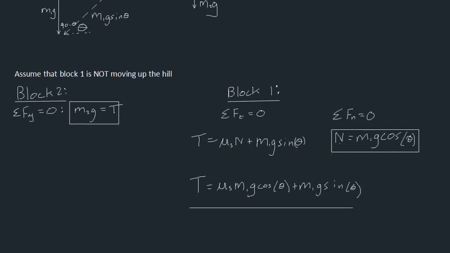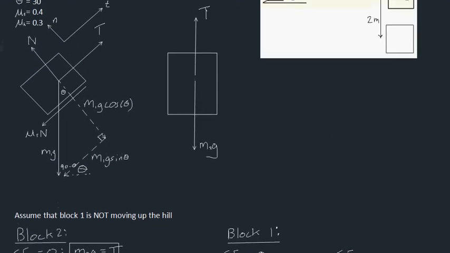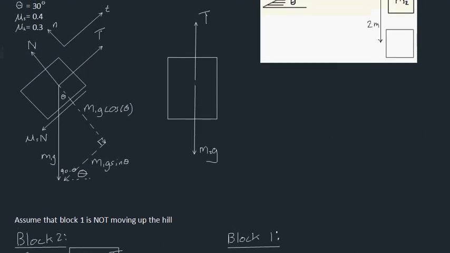But in fact, there are other values of T for which the block won't move up the hill. In fact, if our tension force were any less, and you can imagine this intuitively as well, imagine a smaller tension force. Imagine trying to pull the block up with less force. That means the block will also not move up the hill, right?